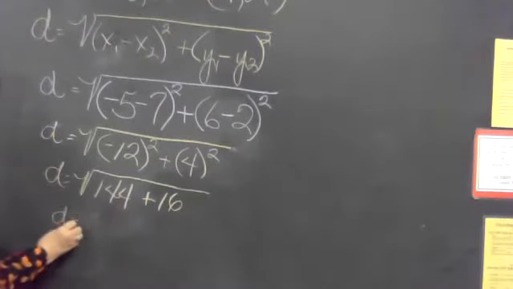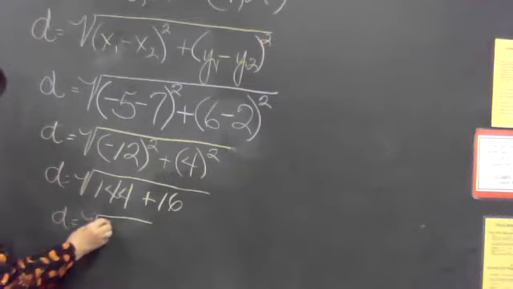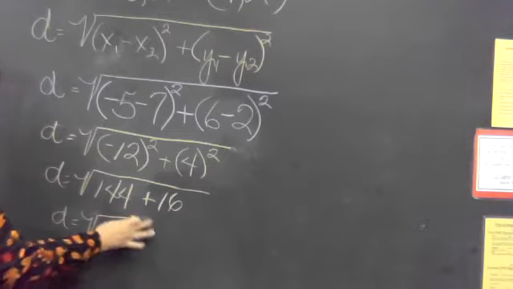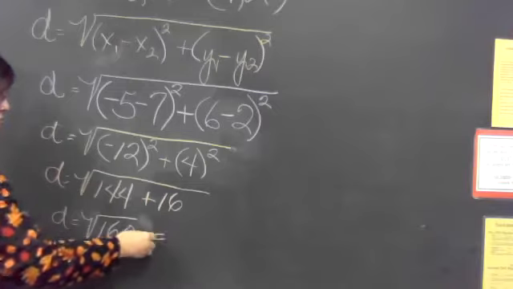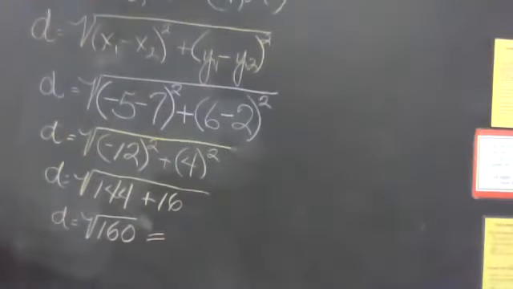D equals the square root of 160. Which equals approximately, get a calculator. The answers in your multiple choice may be in two different formats.